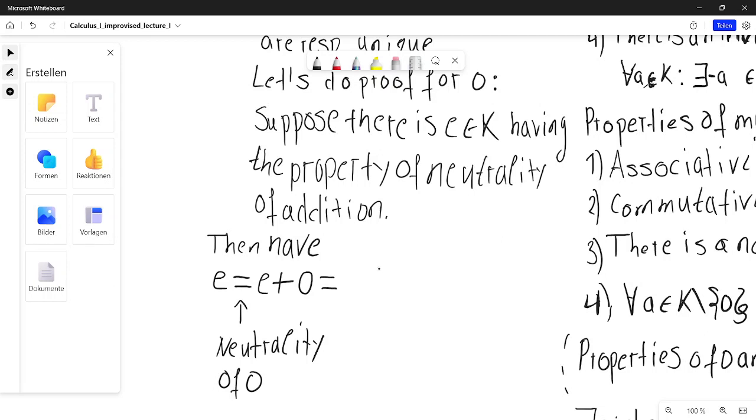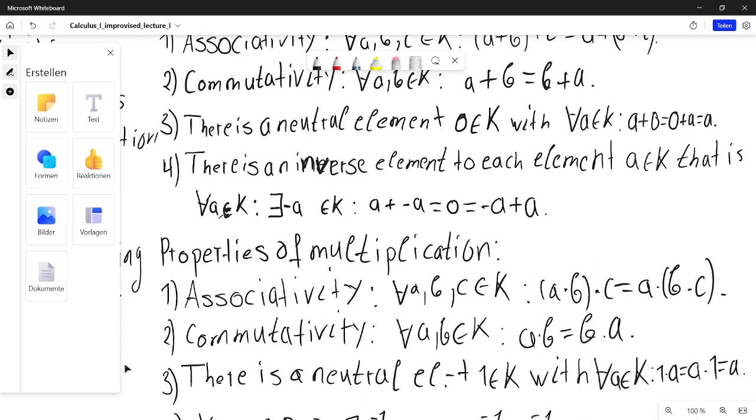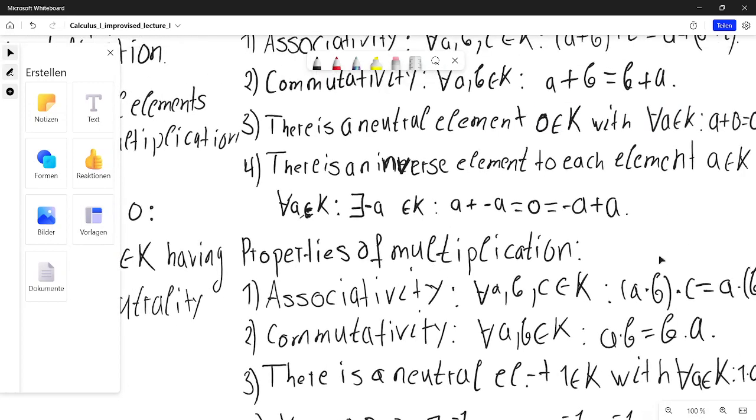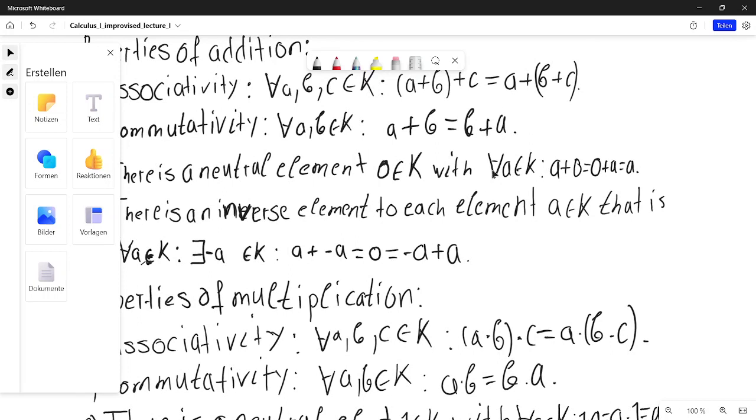And now what we are using is neutrality of E, because what we have assumed is that E has this same property, but we have that 0 is an element of K, and now E has this same property.